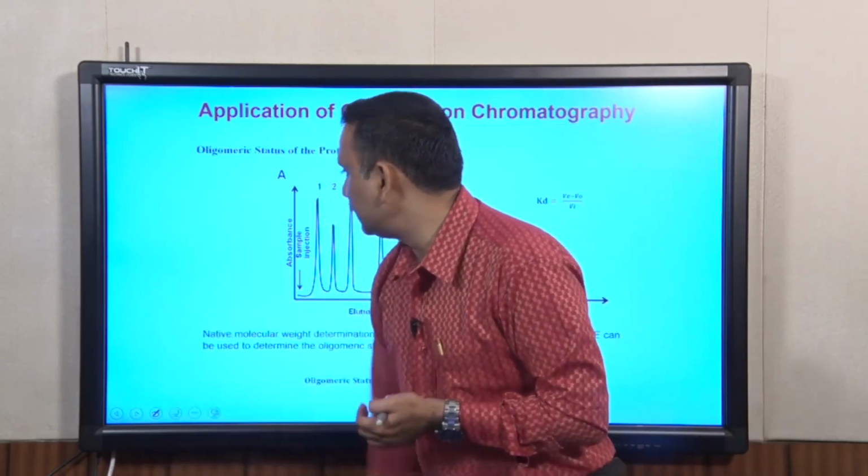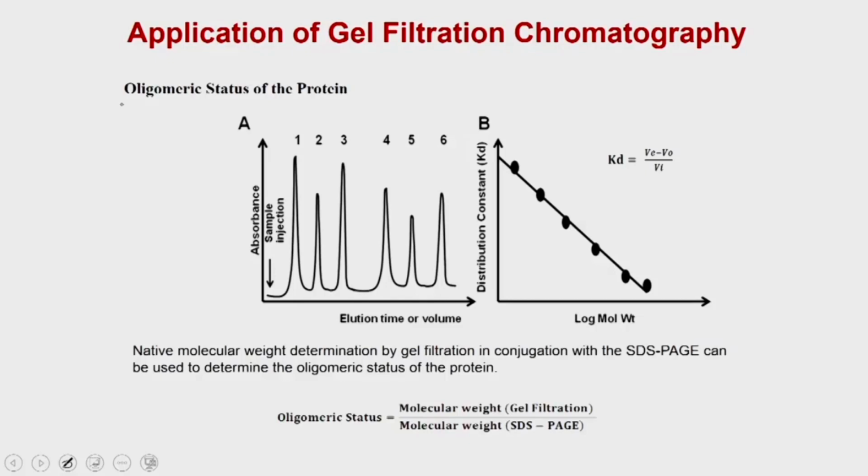Once you have calculated the molecular weight, you can also calculate the oligomeric status of the protein. What is meant by oligomeric status is whether it is a monomer, which means one particular chain is part of the protein, or two chains are attached to each other.